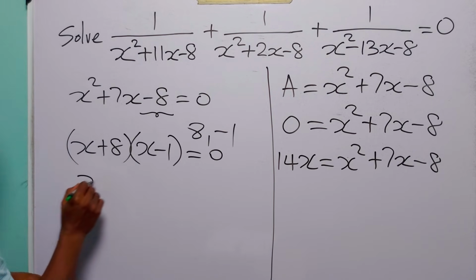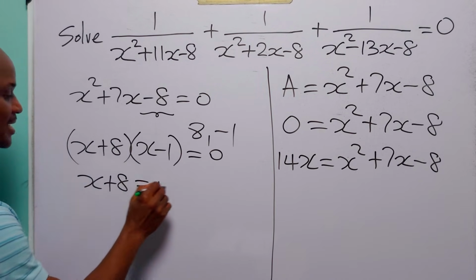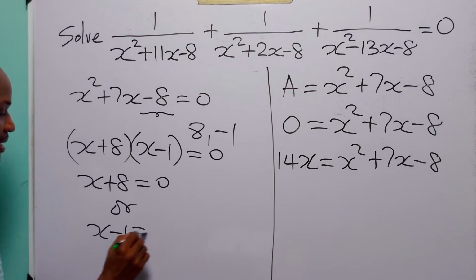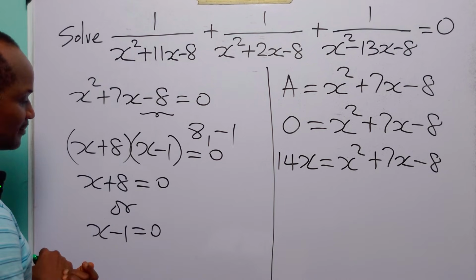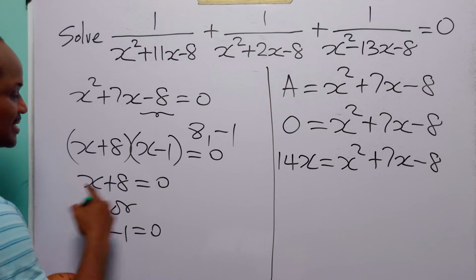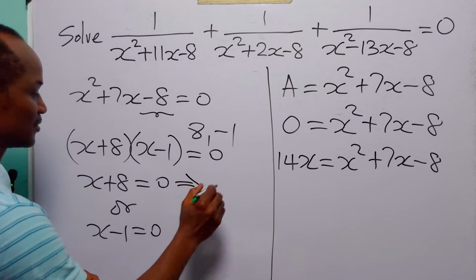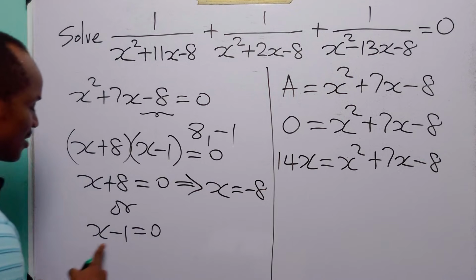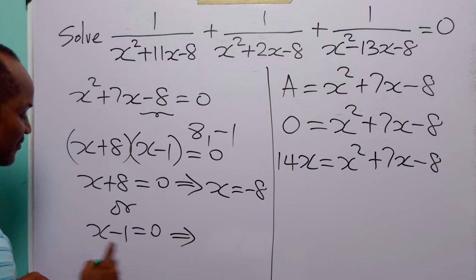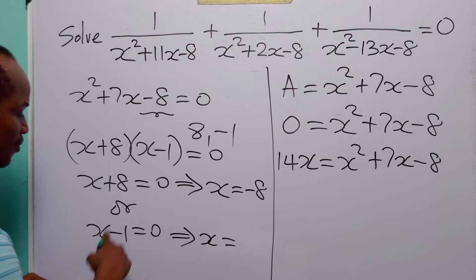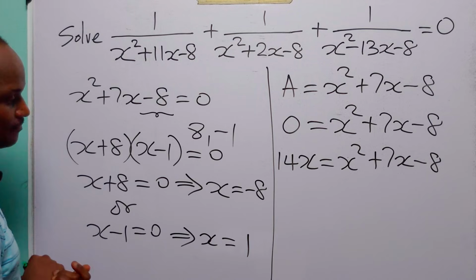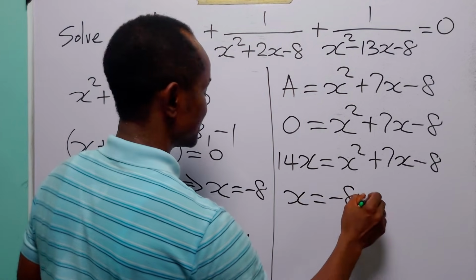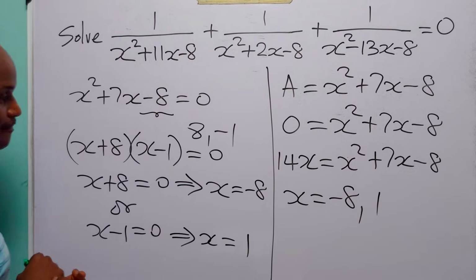From here we have that x plus 8 is equal to 0, or x minus 1 is equal to 0. And of course, this statement leads us to conclude that x is equal to minus 8, while from here we have that x is equal to 1. So we have x equal to minus 8 and 1.